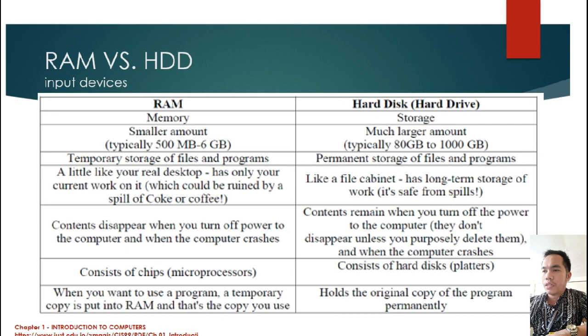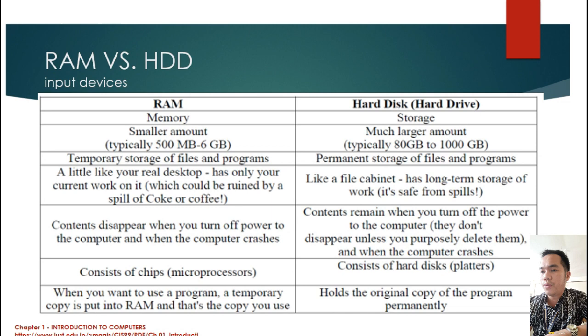Next, as you can see naman sa presentation, RAM consists of chips, microprocessors, and then this contains platters. So, yun yung explanation kanina kasi si SSD, meron na siyang chips na naka-embed sa kanya, unlike kay hard disk na platters pa.